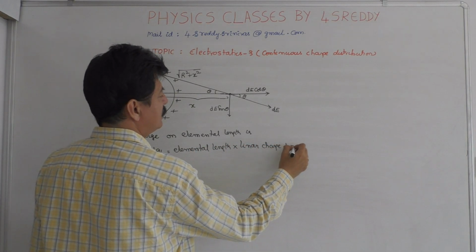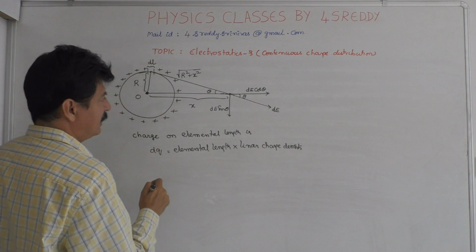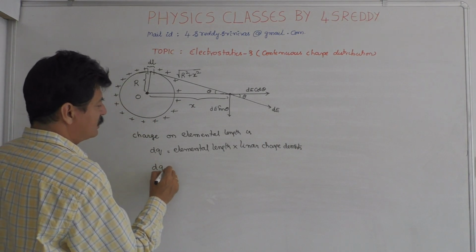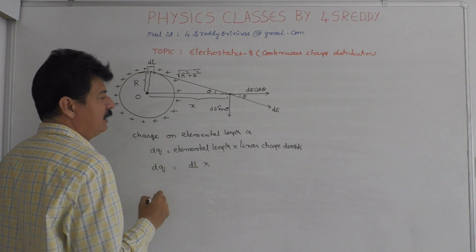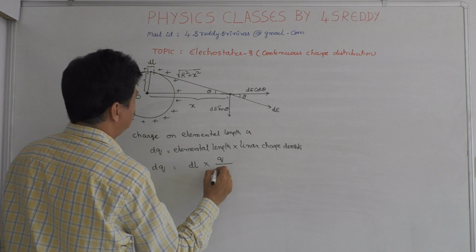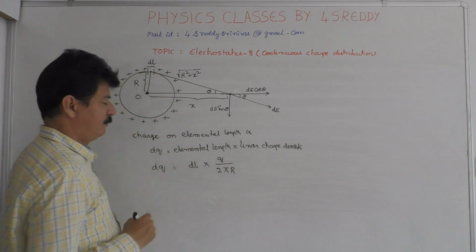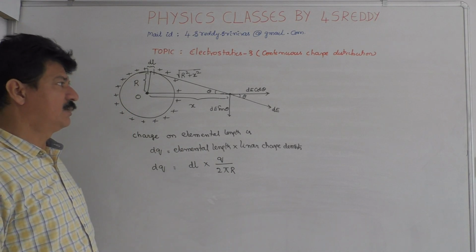Therefore you can write dq is equal to dl into linear charge density, which is total charge q divided by total length 2 pi R.